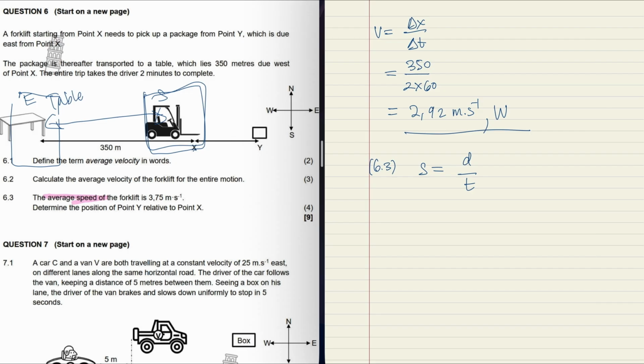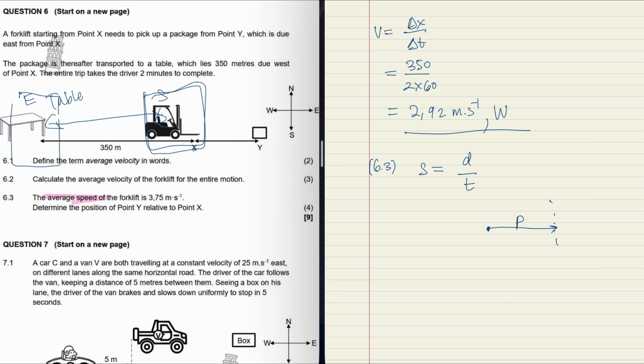Now let's think about the total distance that this forklift driver traveled. So if the forklift driver started there, he went to point Y, let's call it P meters. We're not sure what it is.